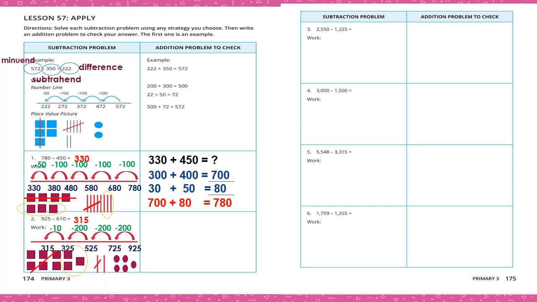And 10, it means cancel 1 stick. 0 in ones, I don't cancel anything in the ones part. Okay, the remainder of the big squares, we have 3, and 1 stick, and the dots as it is. So the difference equals 315.